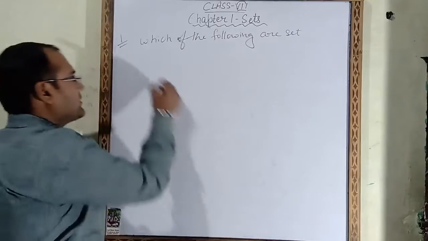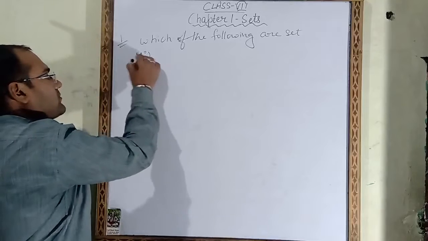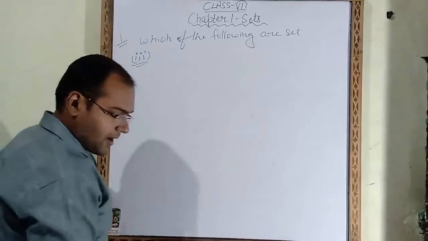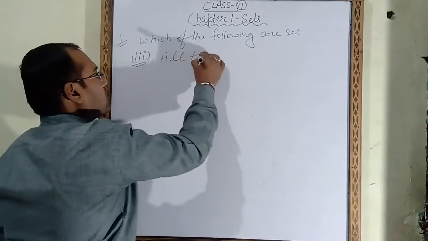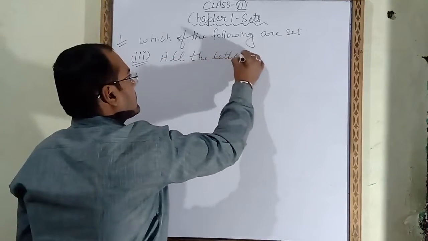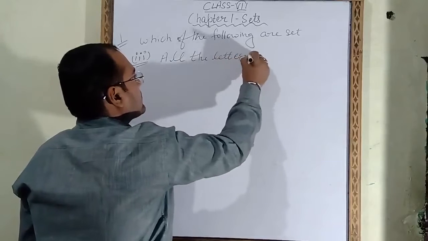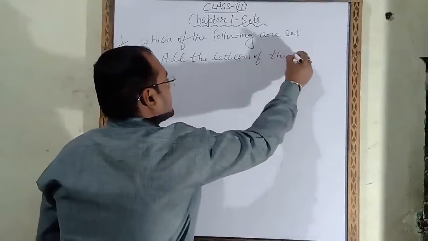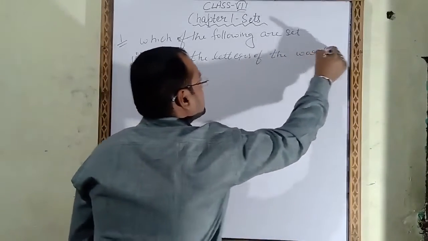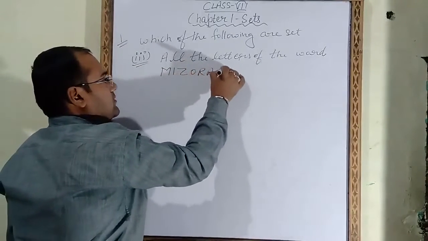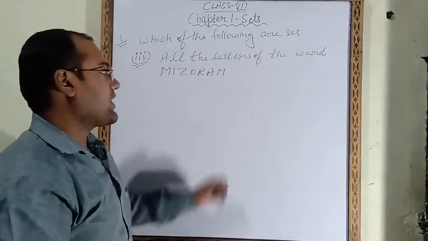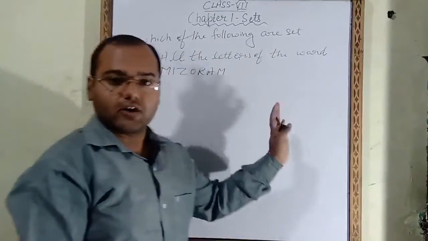Part number third. Third part is all the letters of the word Mizoram. So this is the third part. We have to write all the letters that are coming in the word Mizoram.